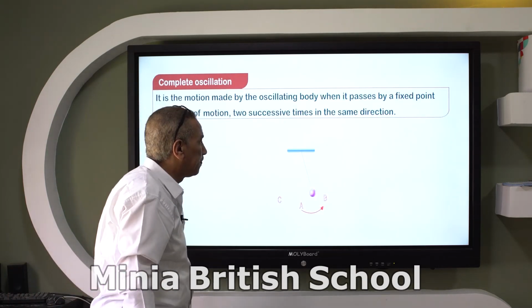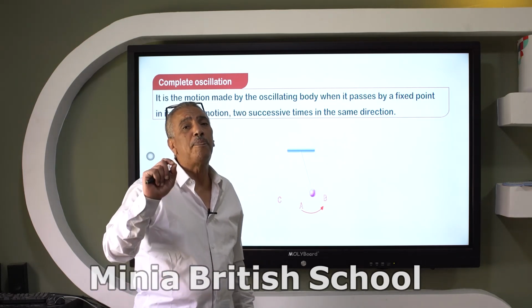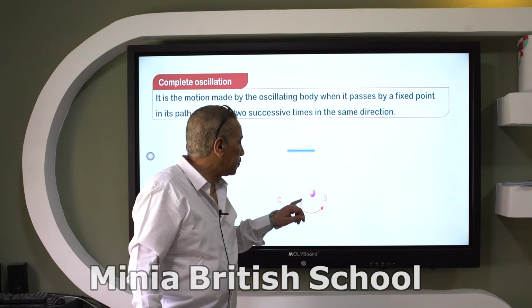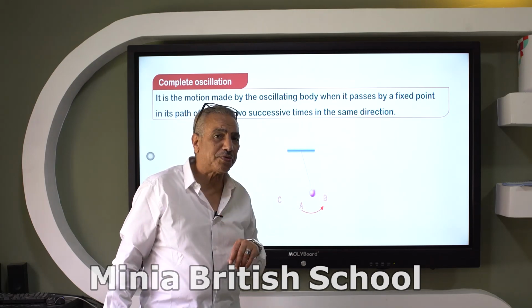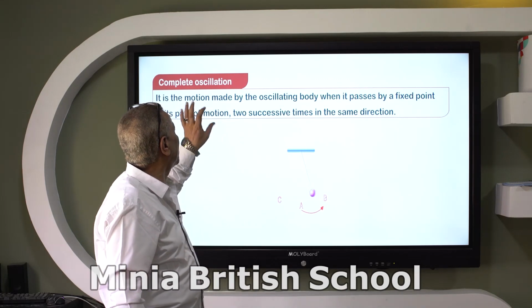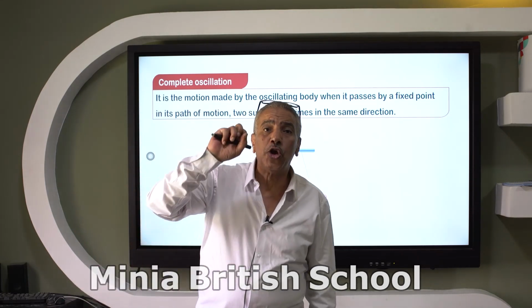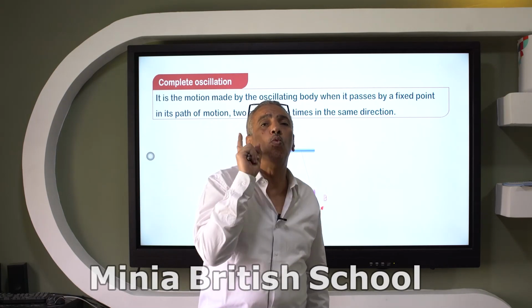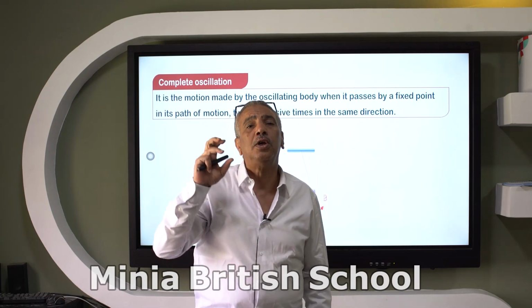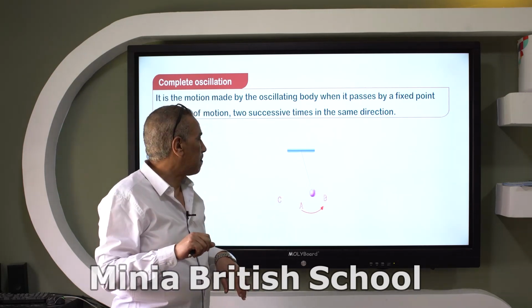Complete oscillation is the oscillation of the oscillating body when it passes through a certain point two successive times in the same direction. We have to know the calculation of the complete oscillation, which means that if the body is going to make one complete oscillation, it must make four displacements.